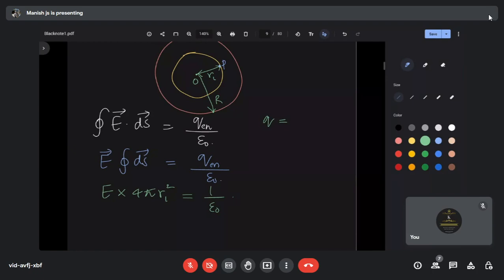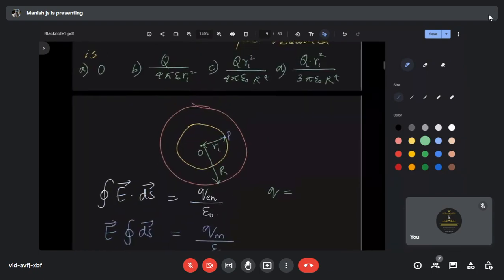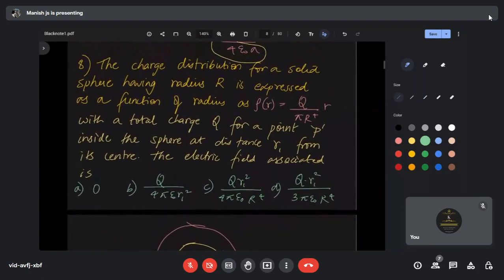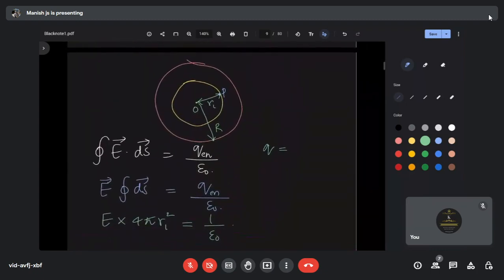Even before that, here they are giving you the charge distribution. Since it is a sphere, what type of distribution is this? Is it linear, surface or volume? What is the distribution here? Surface, sir. Is it only surface? Don't you think it is three-dimensional?